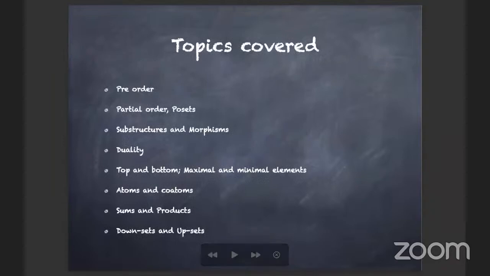So what were the topics that we covered yesterday? We covered pre-order, partial order, posets, structures and morphisms, then duality, top and bottom elements, maximal and minimal elements, atoms and coatoms, sums and products, downsets and upsets. All these things we discussed yesterday, and we did some tutorial exercises as well last evening.